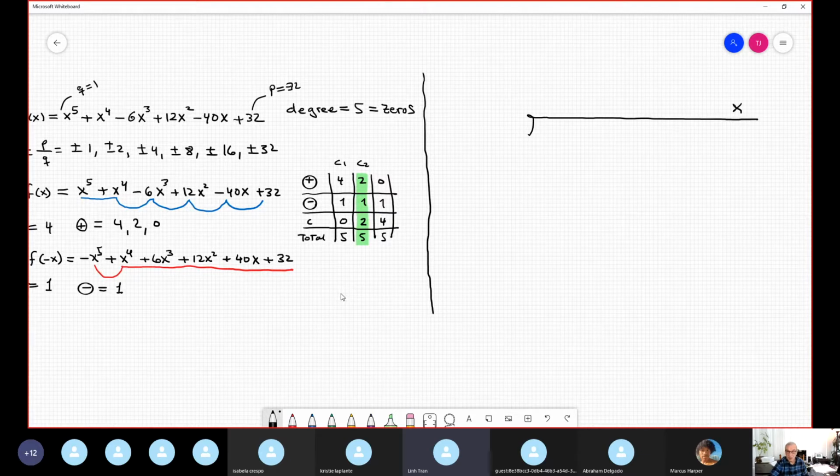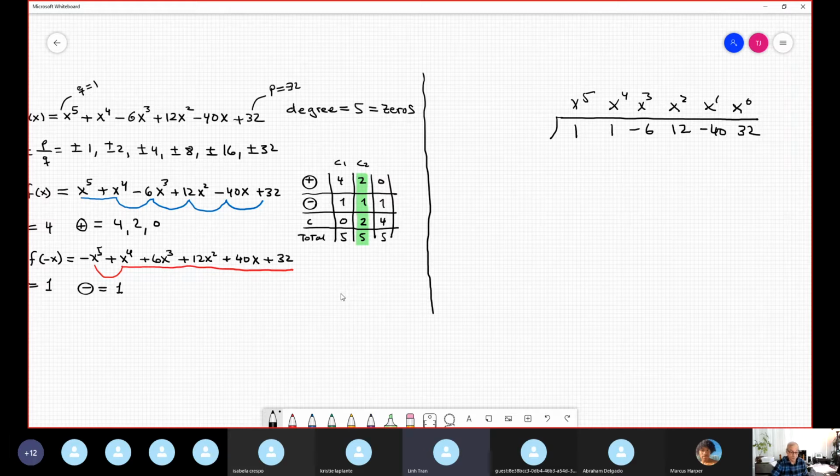You organize like that: x to the 0, x to the 1, x to the second, x to the third, x to the 4, and x to the 5. Entonces, no es necesario too long. Erase that part. Okay, something like that. Entonces, you copy the coefficients. The coefficients are 1, 1, negative 6, 12, negative 40, and 32 positive.